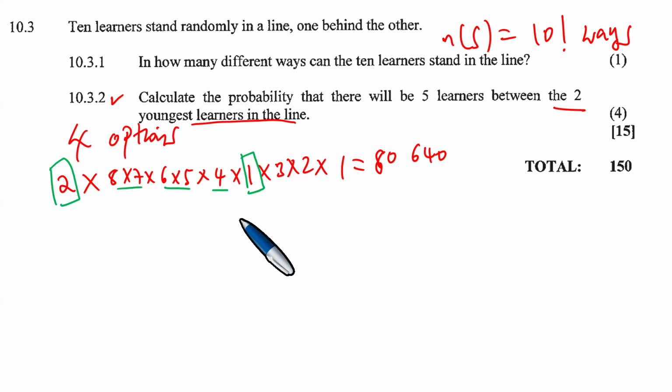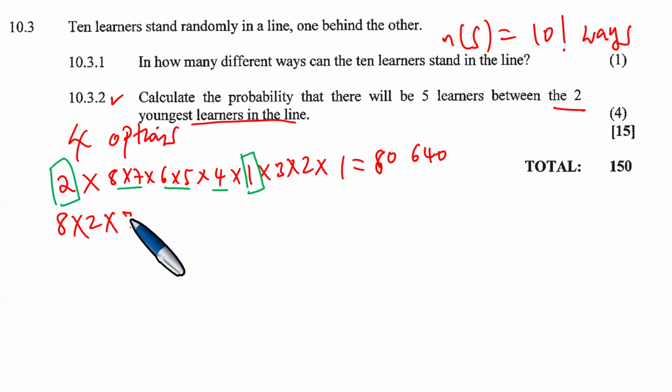Okay, so now if we fix the 2 youngest learners, we're left with 8. You have the 2 youngest learners, and we put one of the learners here and one of the learners there.